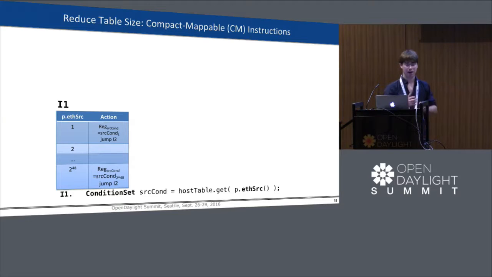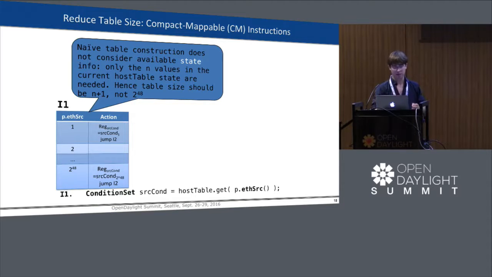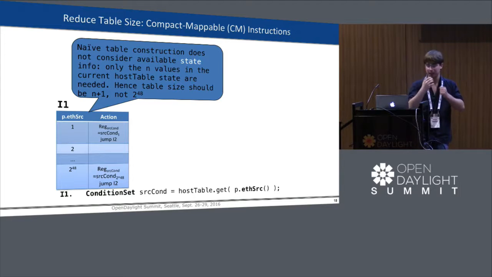Given that we may have a very small number of source conditions relative to 2 to the 48, one approach to solving the problem is only considering the n values in the host table that are actually necessary, not all 2 to the 48 potential packet source input values. The table size here trivially can be simplified to n plus 1, the n host table values, plus a default value that drops packets, not 2 to the 48.